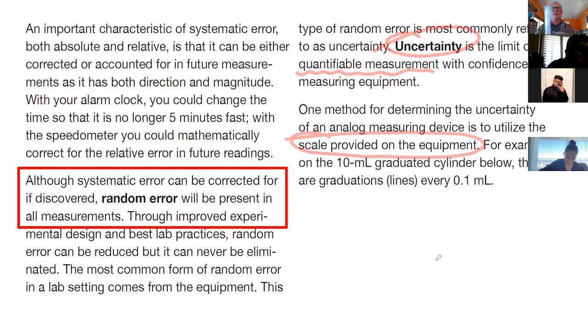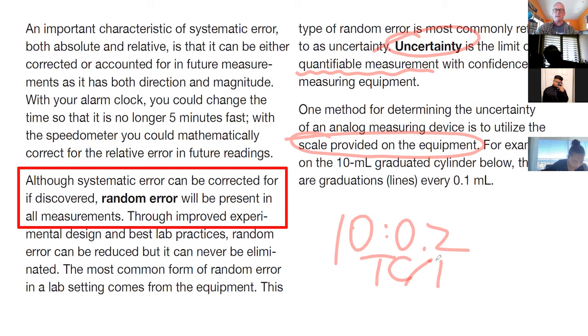If you look closely, I don't know if you'd be able to see this particularly, it doesn't really show up very well. But on the very top of the 10 mil graduated cylinder, it has 10, and then a colon, 0.2, and then below it, it says TC, TD, and 20 degrees C. So it has all that information at the very top of the graduated cylinder.